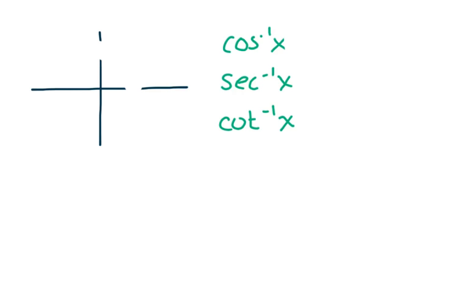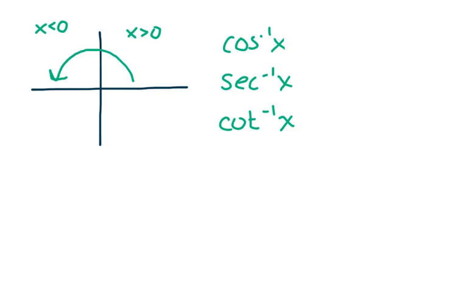When you first learned inverse trig last year, you also learned that there are limitations. For these three functions, inverse cos, inverse secant, and inverse cotangent, you are only allowed to give your answer in one of two places, either in quadrant 1 or in quadrant 2. If x is positive, you give the answer in quadrant 1. If x is negative, you give the answer in quadrant 2.